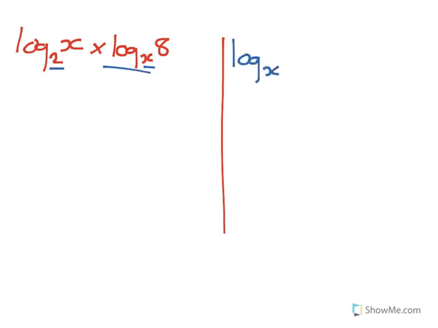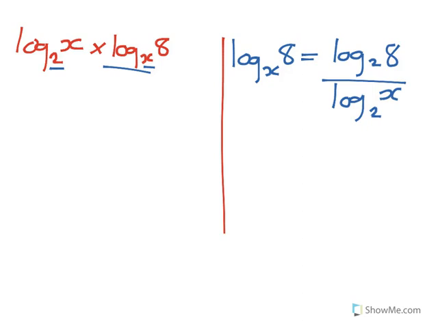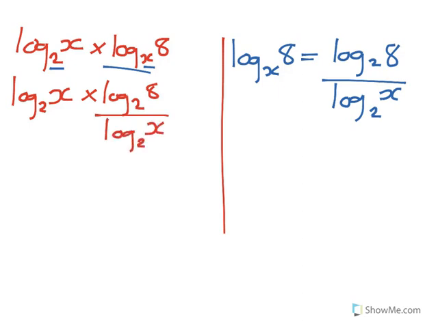If I say log base x of 8, I want to change it to log base 2 of 8 over log base 2 of x. Remember, the 8 goes on top, and the x goes below. So this then becomes log base 2 of x times log base 2 of 8 over log base 2 of x.